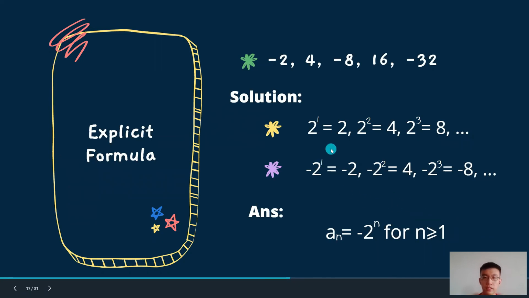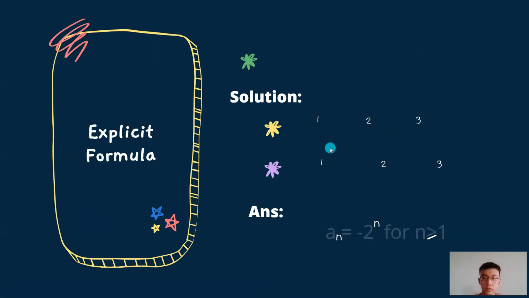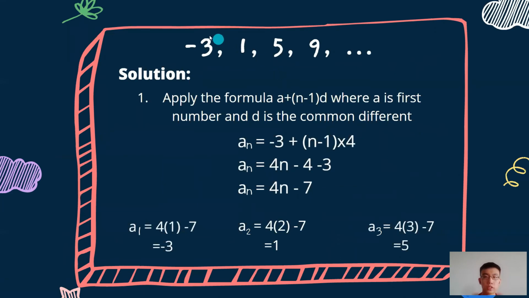Next I will show another example. This question is -3, 1, 5, 9 and so on. First of all, we need to apply the formula, which is a plus bracket n minus 1 times d, where a is the first number and d is the common difference.